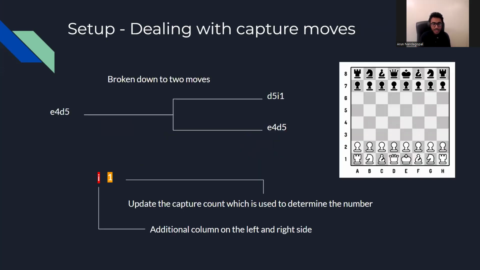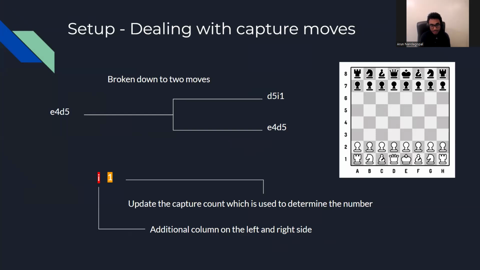As in a capture situation, the command which we receive from the chess AI would be something like e4 to d5, which is just the move of one particular piece. But then we also get a signal saying whether it's a capture move or not.